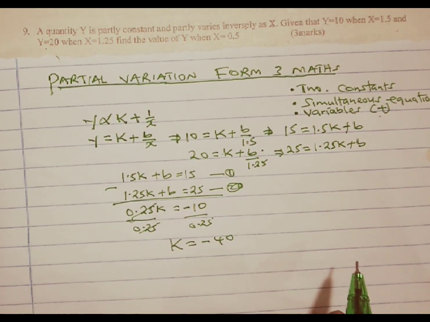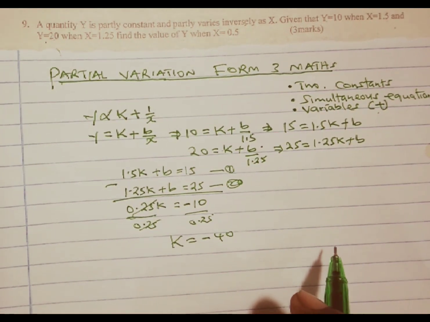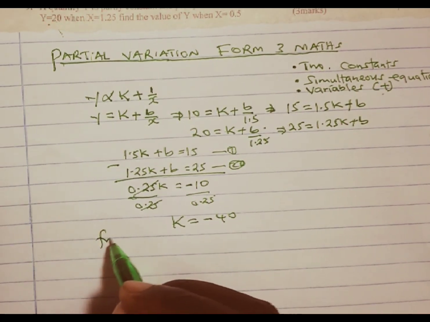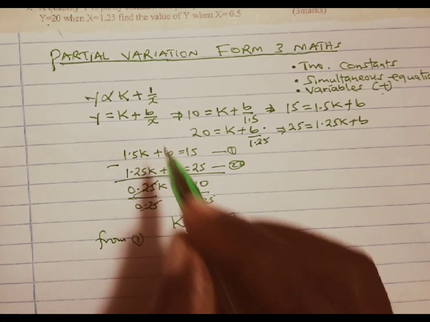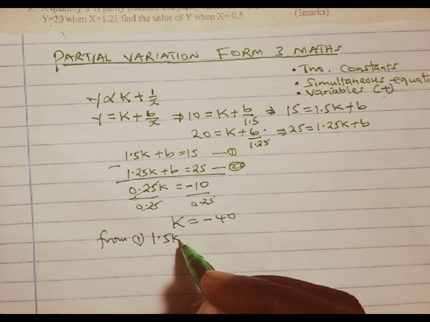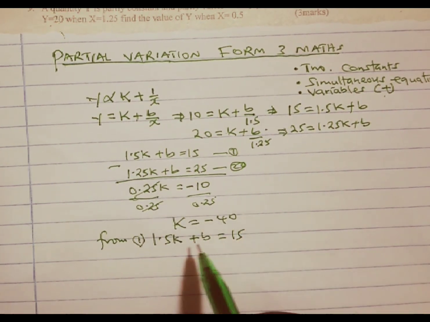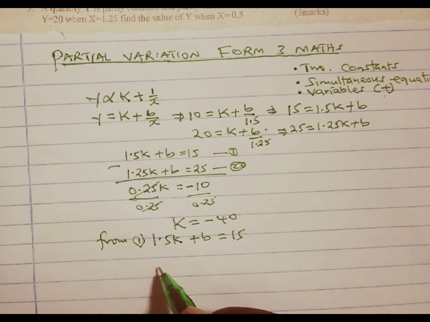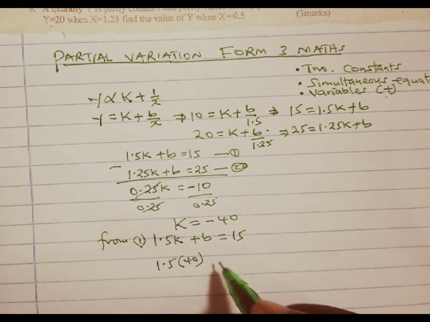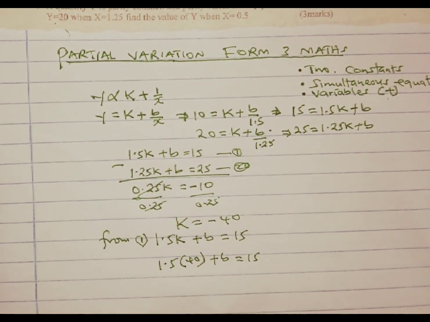Having gotten the value of k, we now go and look for the value of the other constant, which is b. From our first equation, we have 1.5k plus b being equal to 15, but we already have the value of k, and therefore we are going to have 1.5 multiplied by negative 40, plus b, and this one is going to be equal to 15.